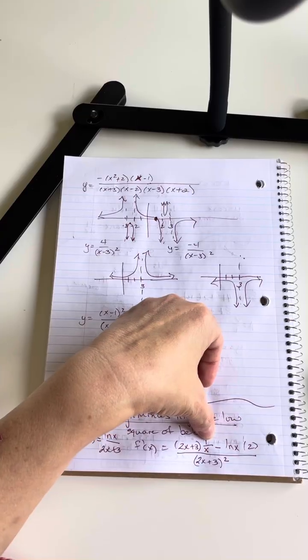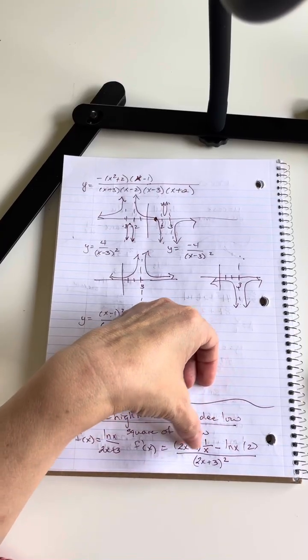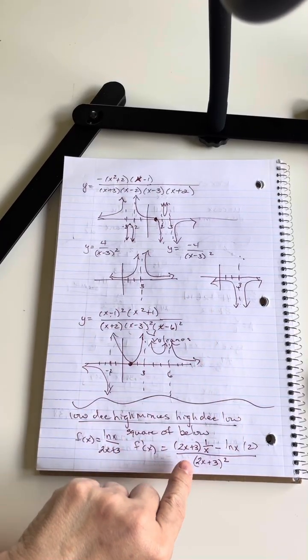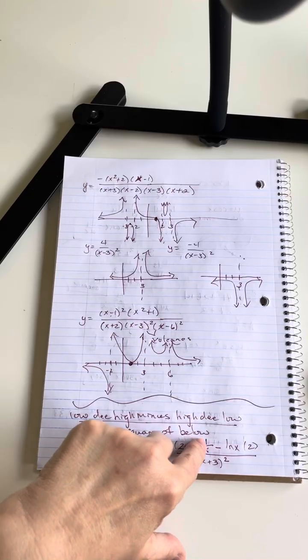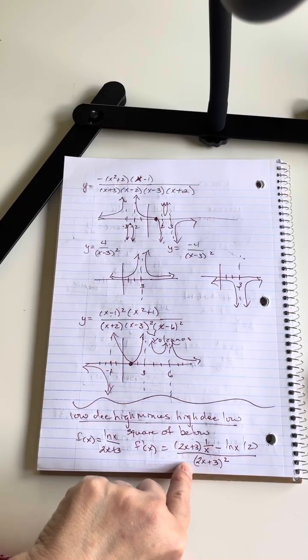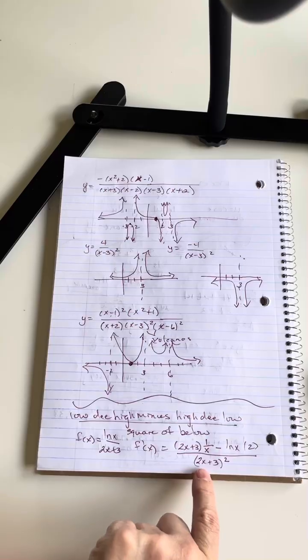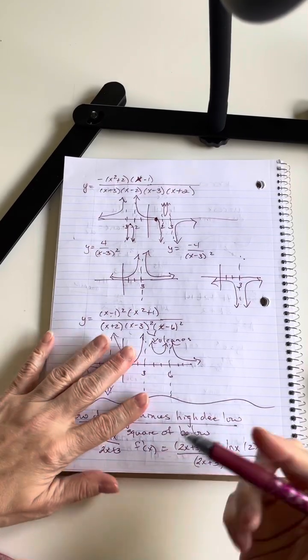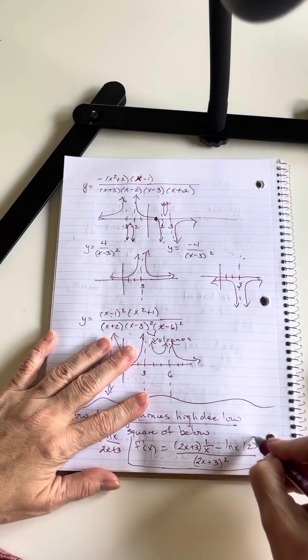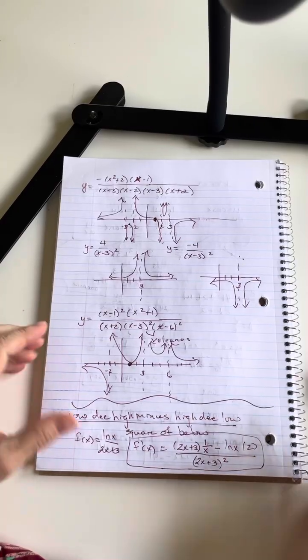So what they said was, we don't like it here, so let's multiply every single piece by an x. So they ended up with an extra x down here, which I was picturing they were just moving it down, but they're not. That's why they have an x here. This is a perfectly acceptable derivative of that. It's just a difference in how they chose to simplify.